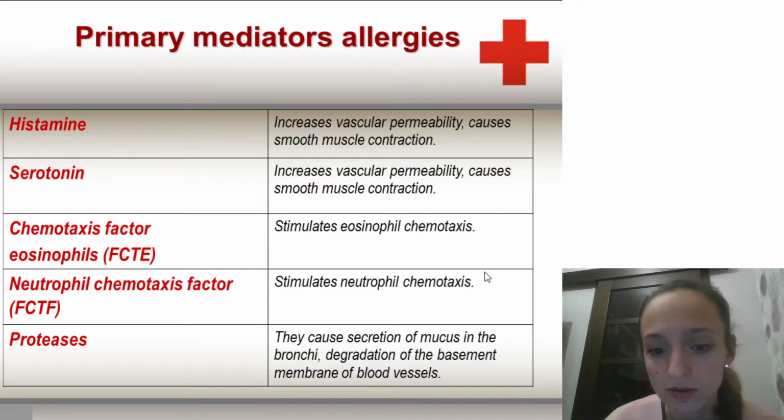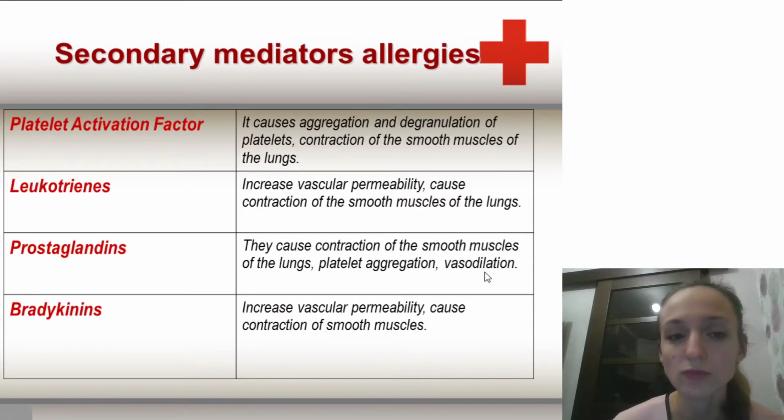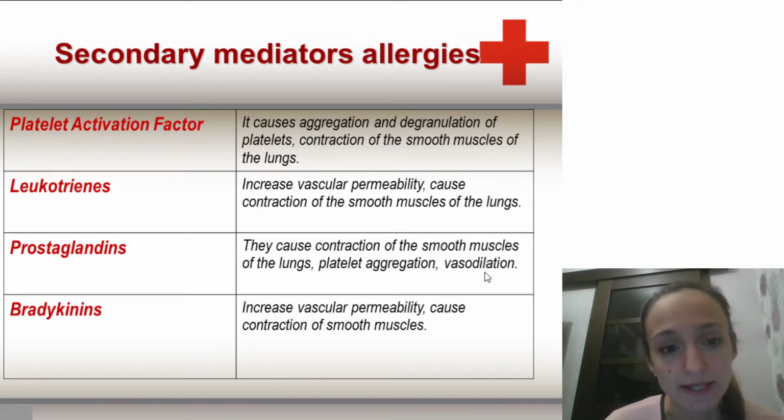Proteases cause secretion of mucosa and degradation of the basement membrane of blood vessels. And secondary mediators: platelet activation factor causes aggregation and degranulation of platelets and contraction of the smooth muscles of the lungs.